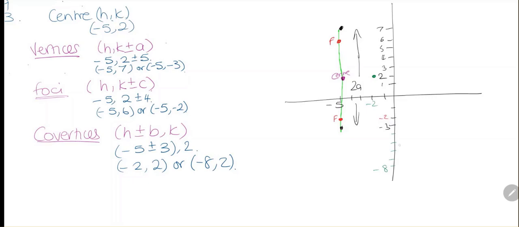So minus 8, 2. So that's going to be here. So if we were to draw this, this is going to be an ellipse that's going to look something like this.